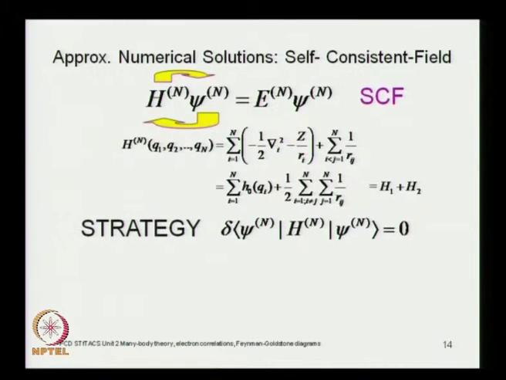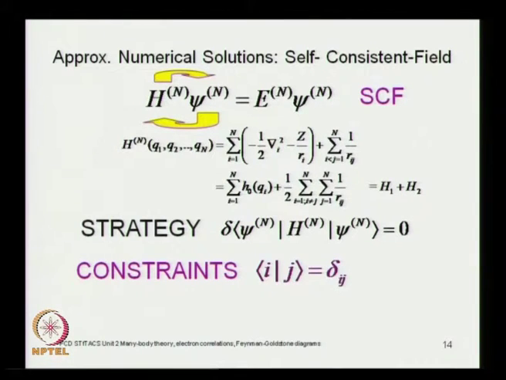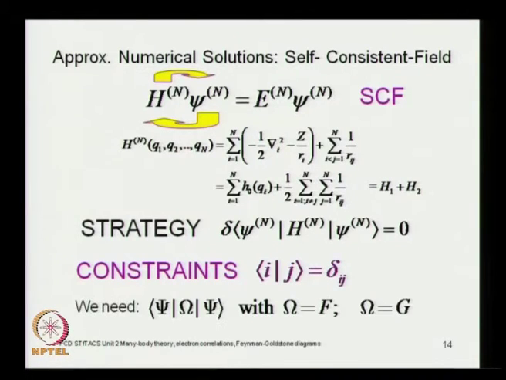The main strategy of Hartree-Fock is to get an extremum of the expectation value of the n electron Hamiltonian in the Slater determinant. This is a single Slater determinant, mind you, and you obtain this extremum subject to the constraints of the orthogonality of the single particle wave functions and their normalization as well.